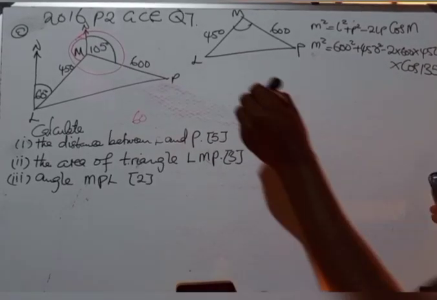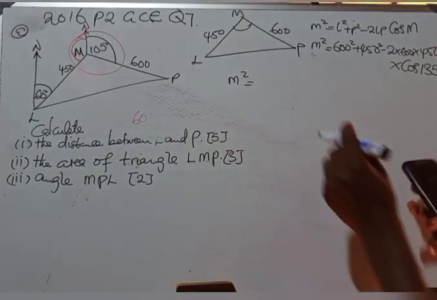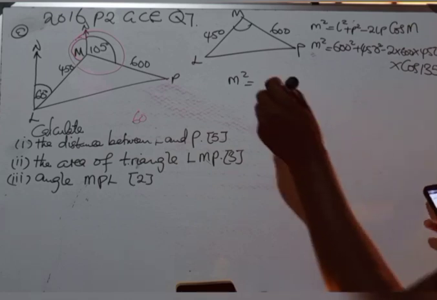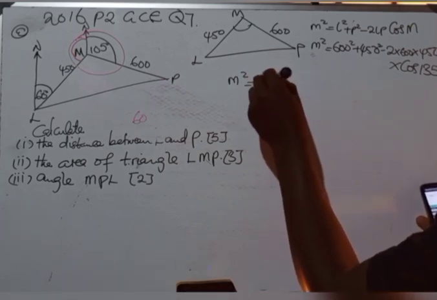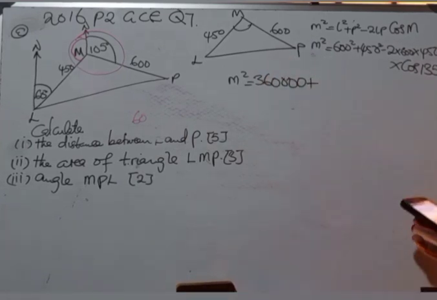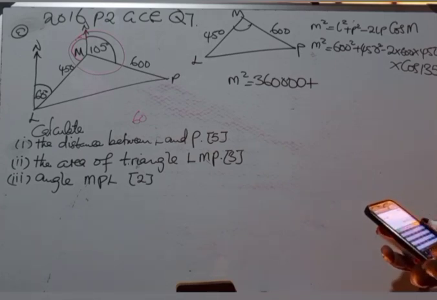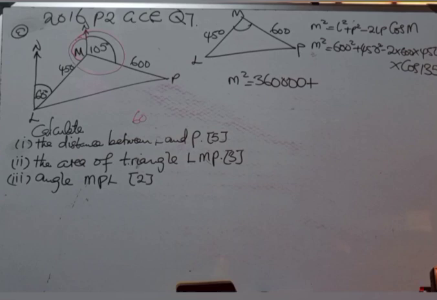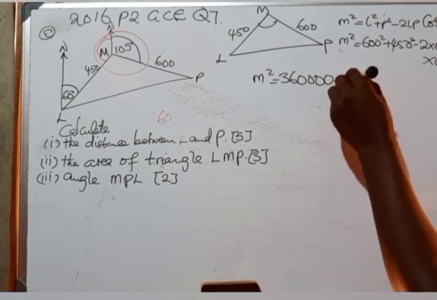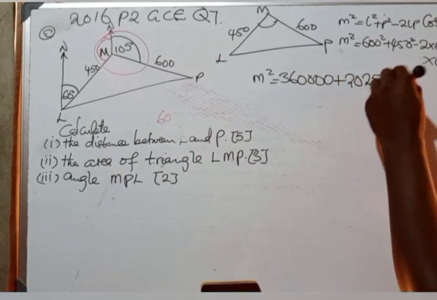So we say m squared is equal to 600 squared. What is 600 squared? We have 360,000, plus 450 squared, which is 202,500.